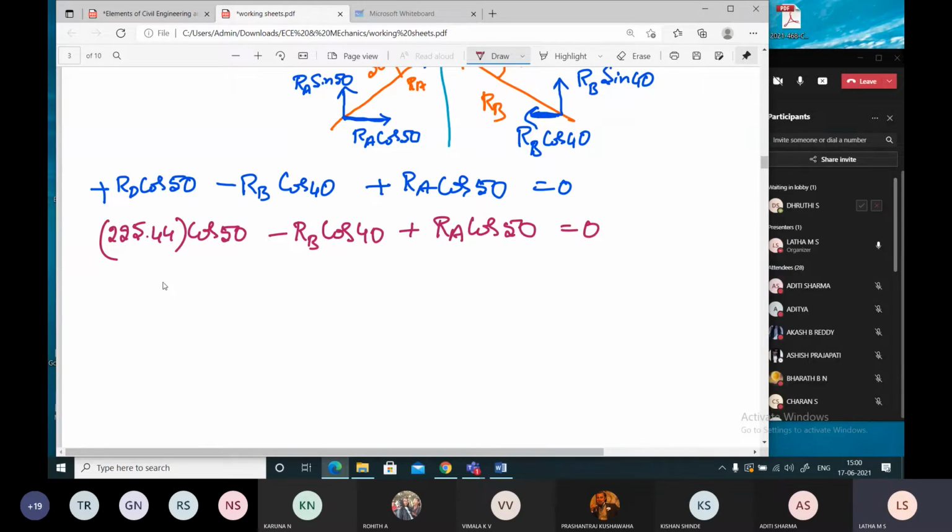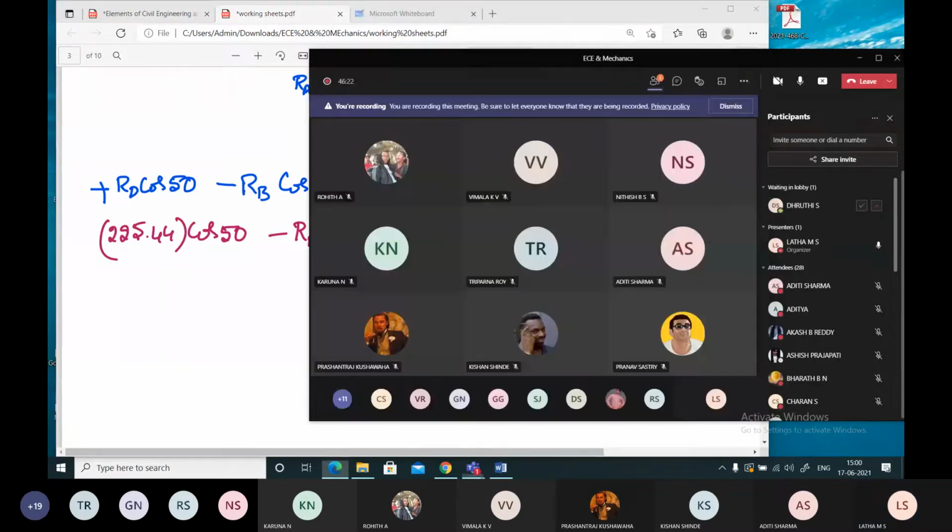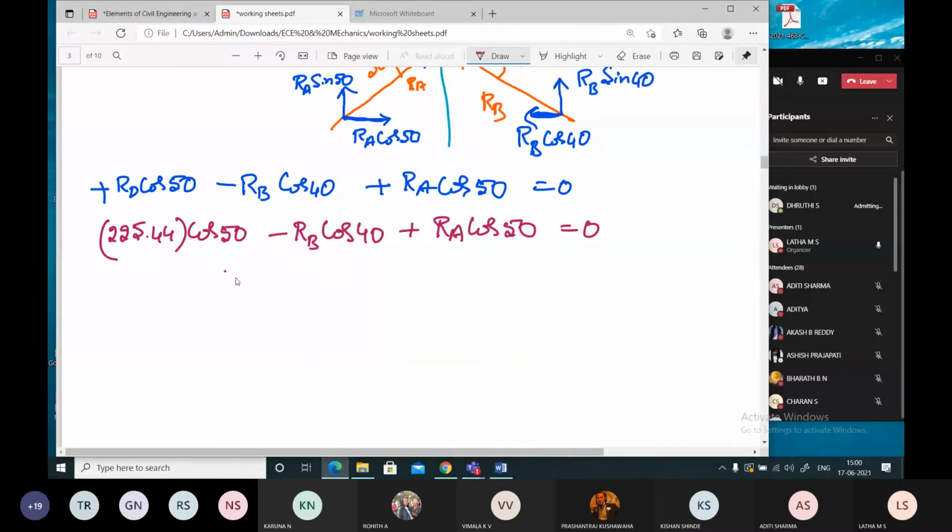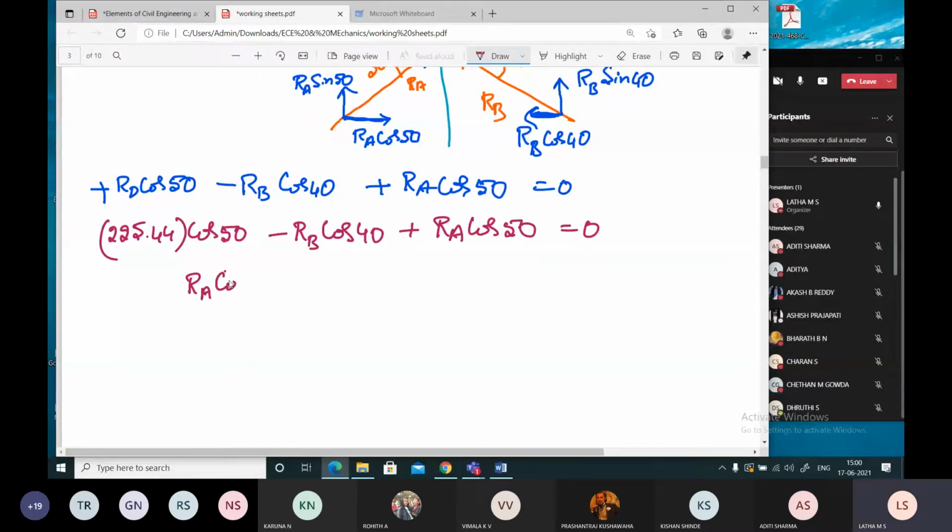Now I'll take RA cos 50, I'll rearrange, minus RB cos 40. I'll take this on the other side: 225.44 cos 50.